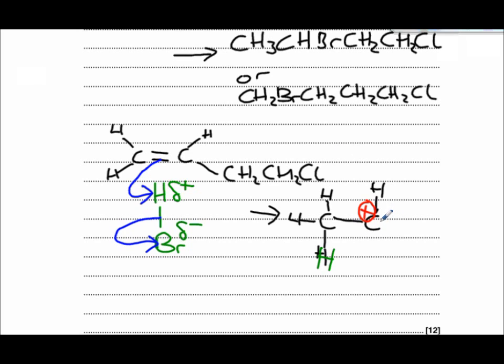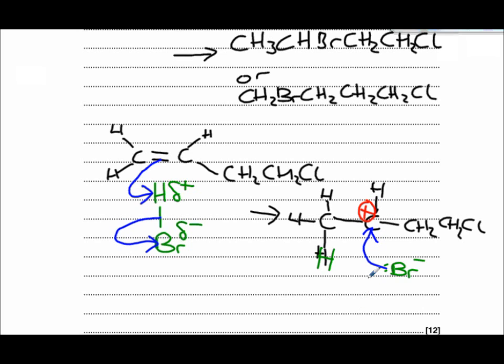Then we have the rest of the molecule along there, CH2, and it's important that you put that in, otherwise you'll lose a mark for your intermediate. The rest of that molecule, and now you've got your bromine that's still got to bond, Br minus, don't forget, with the lone pair, and the curly arrow that goes from the lone pair to the carbon with the positive charge on it.